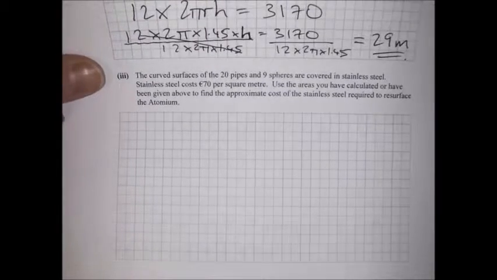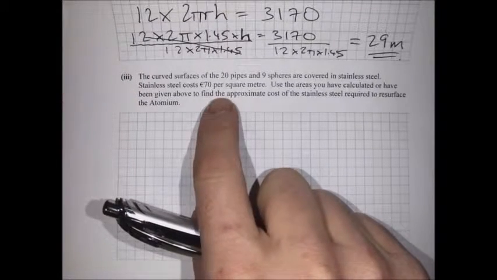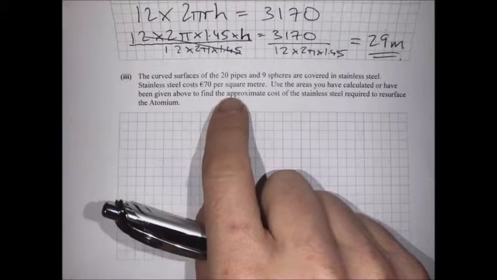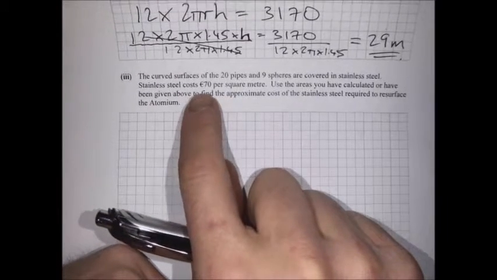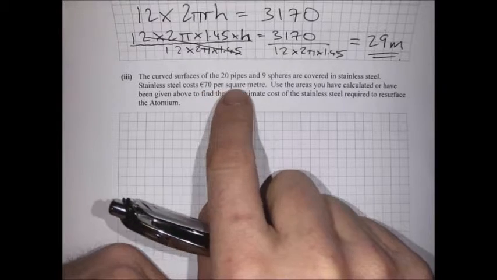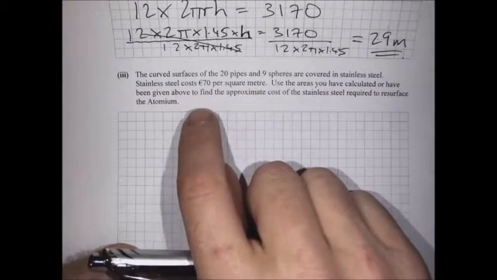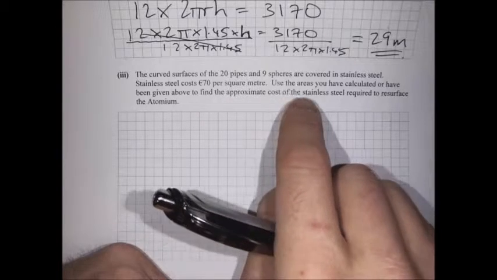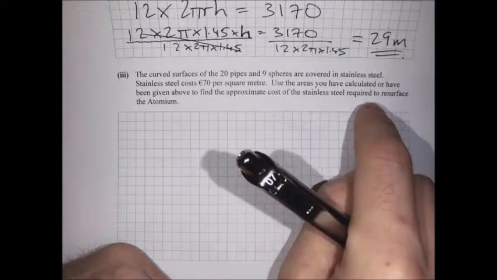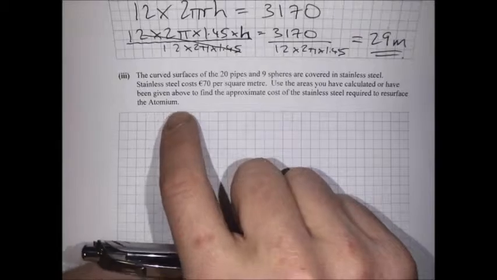Lastly, part 3, the curved surface area of the 20 pipes and 9 spheres are covered in stainless steel, and stainless steel costs €70 per square meter. Use the areas you have calculated or have been given above to approximate the cost of the stainless steel required to resurface the Atomium.